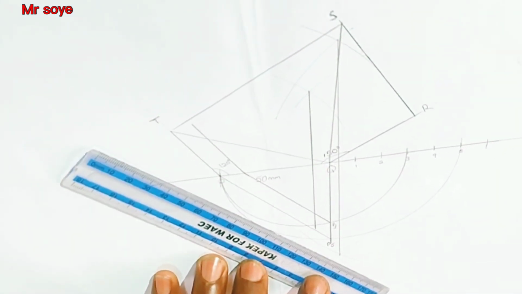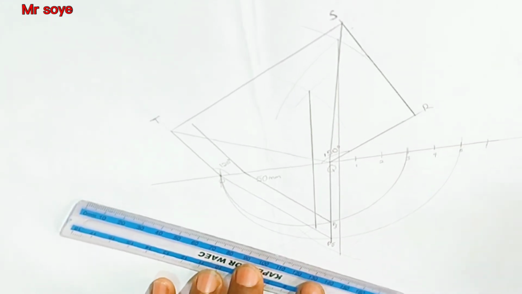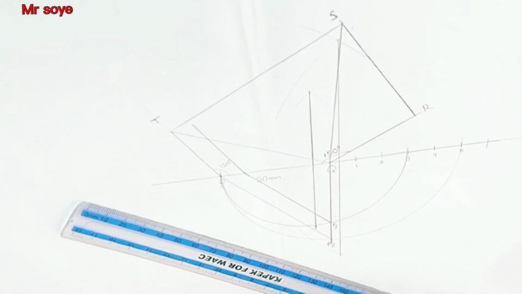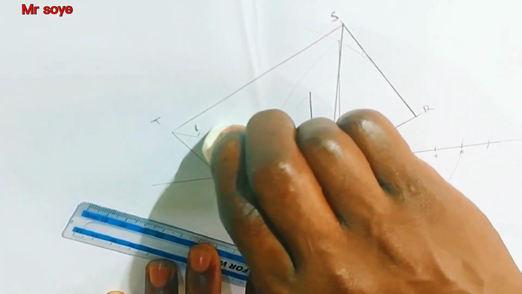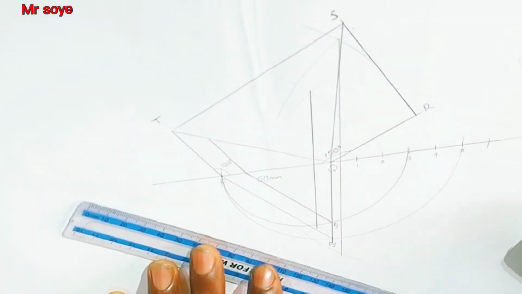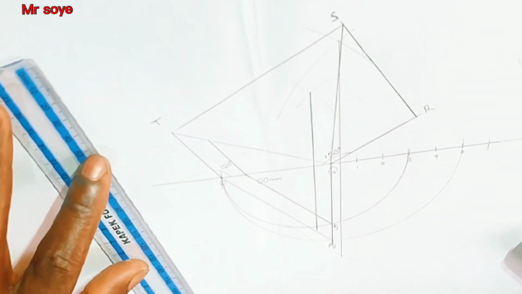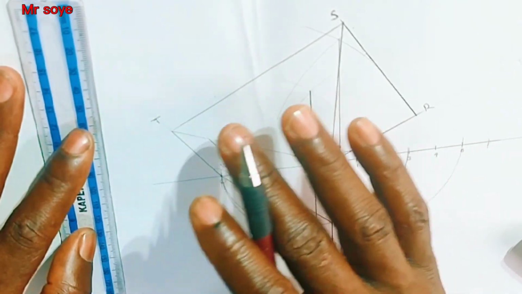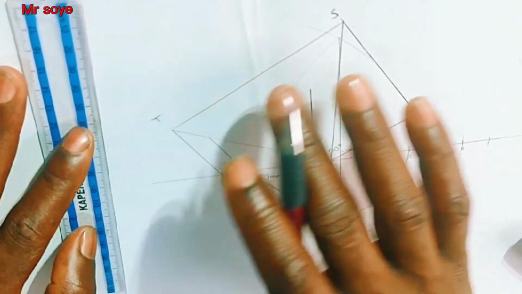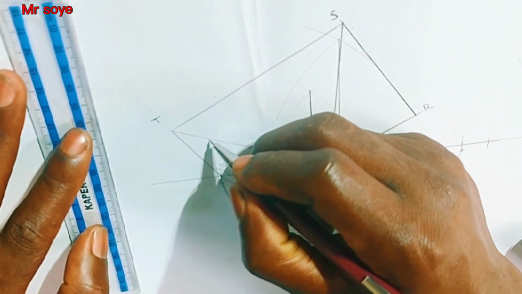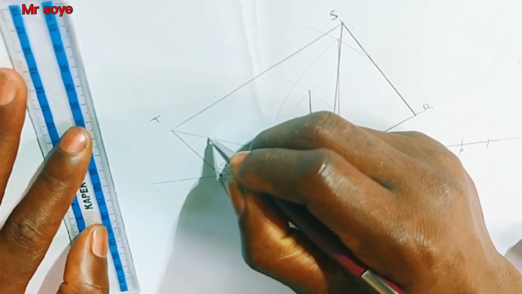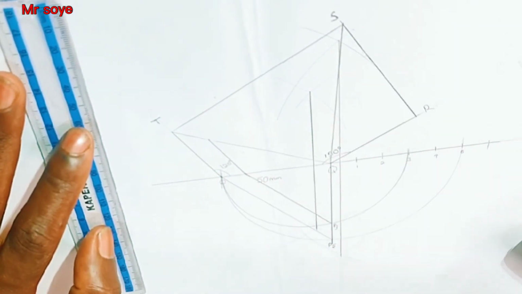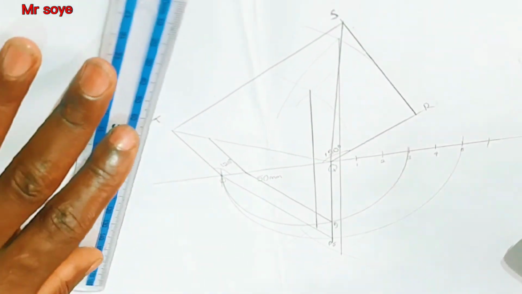So we can now continue with our parallel line. So now we'll draw a line parallel to TS on this point where this parallel line is touching this radiant line. So we'll do it this way too.